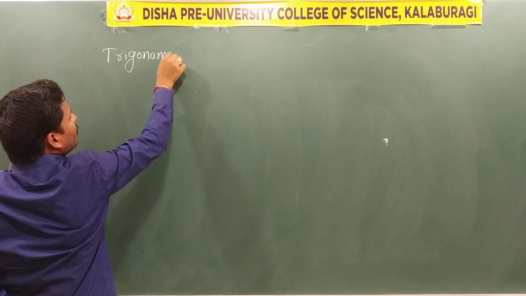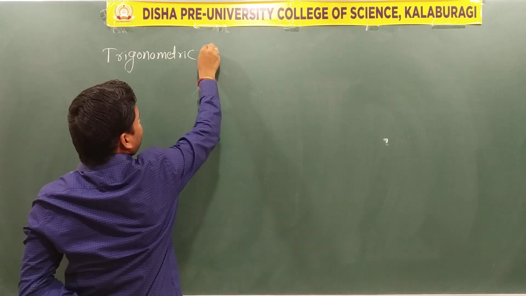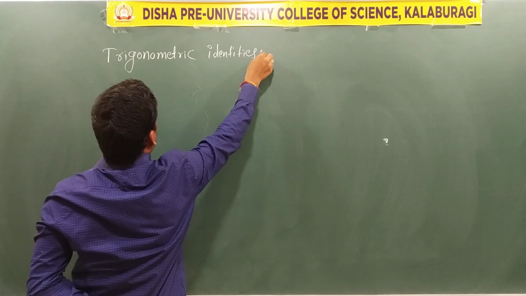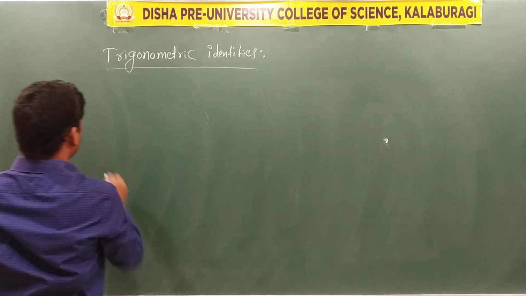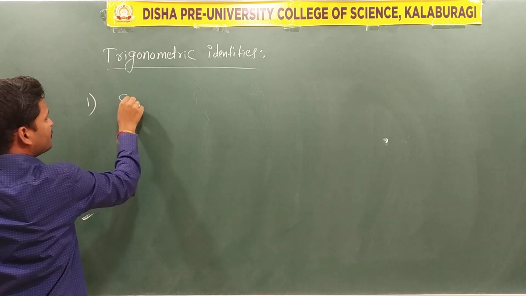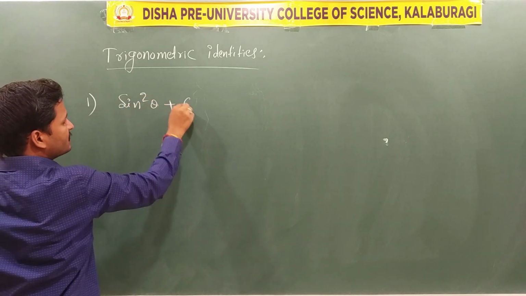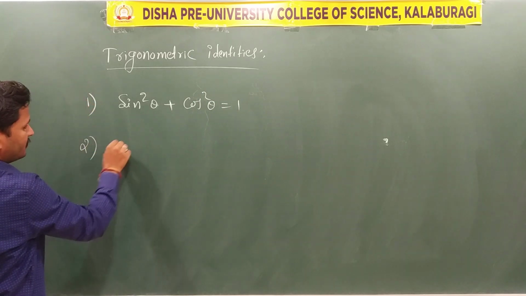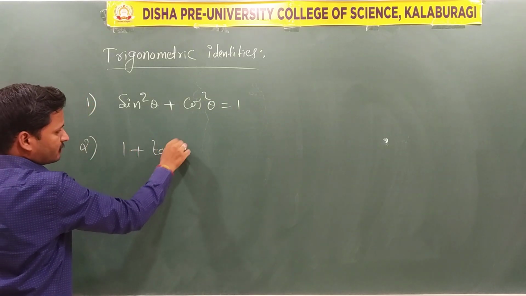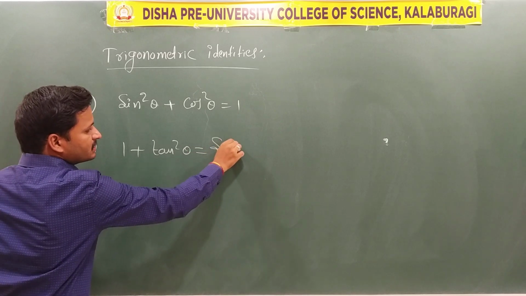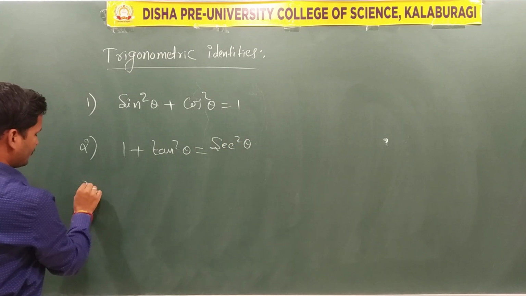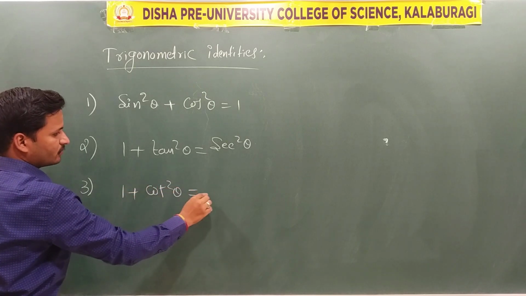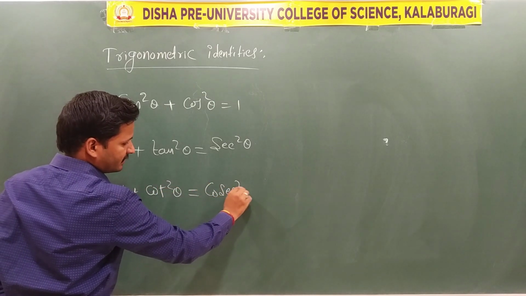So first one is sin square theta plus cos square theta is equal to 1. The second one is 1 plus tan square theta is equal to secant square theta, and the third one is 1 plus cot square theta is equal to cosecant square theta.